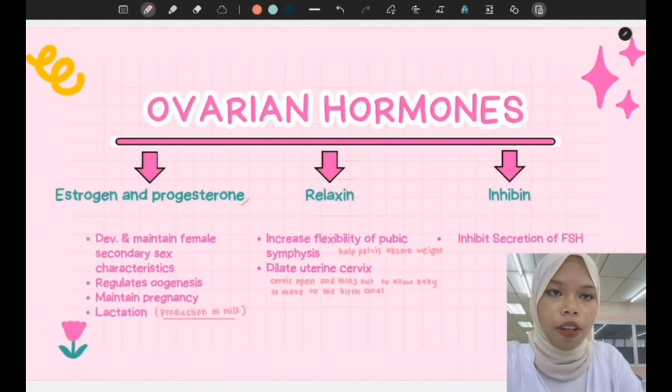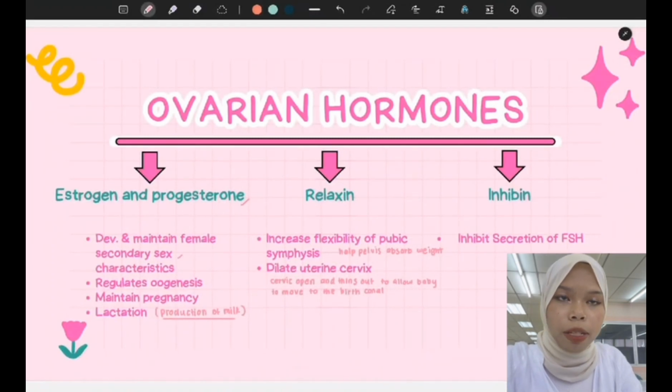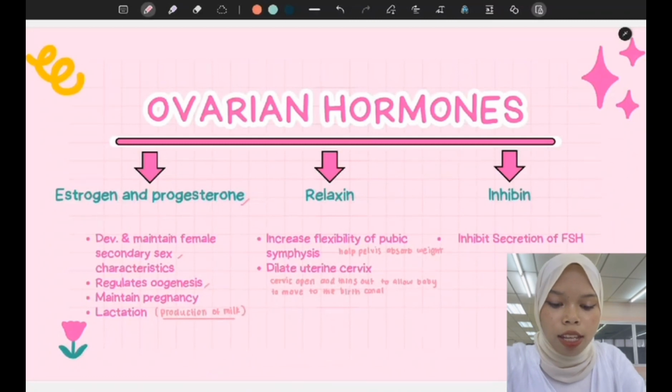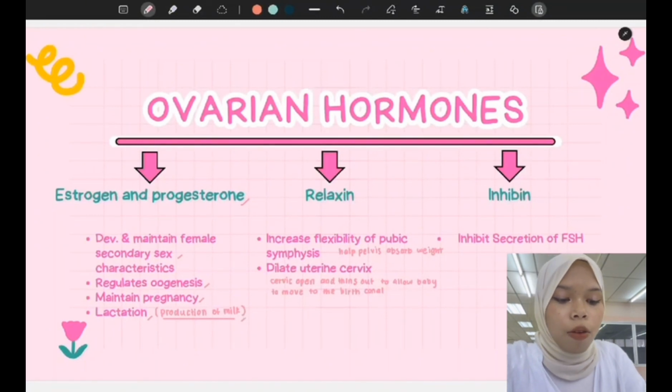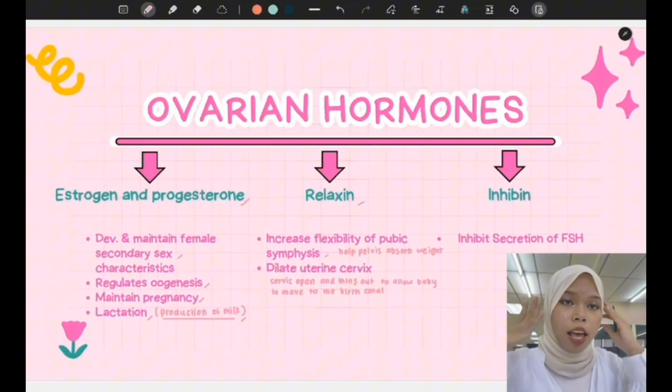The function of estrogen and progesterone is to develop and maintain female secondary sex characteristics, regulate oogenesis, maintain pregnancy, and lactation. Lactation is the production of milk. While for relaxin, the function is to increase flexibility of the pubic symphysis, where it helps the pelvis to absorb weight from your upper body before it travels to your lower body.